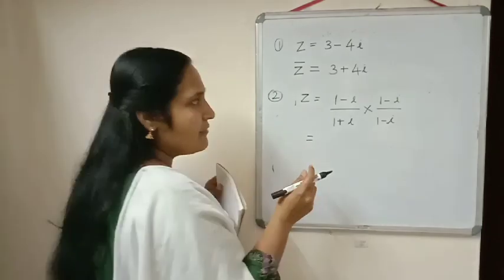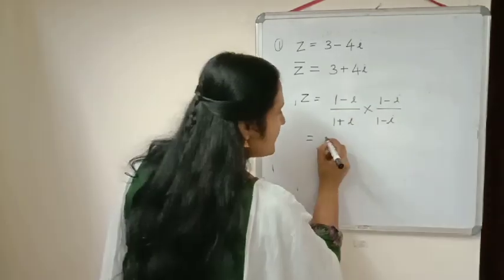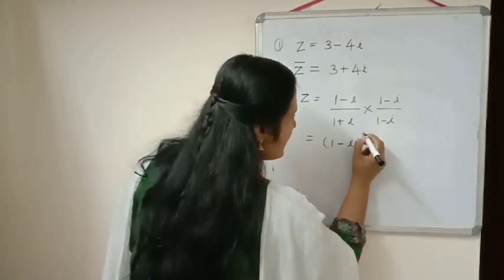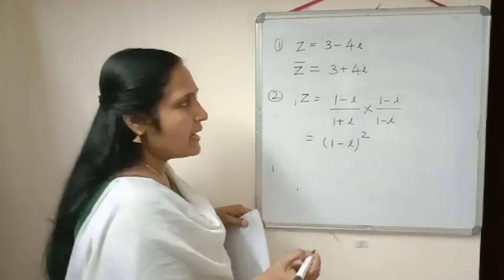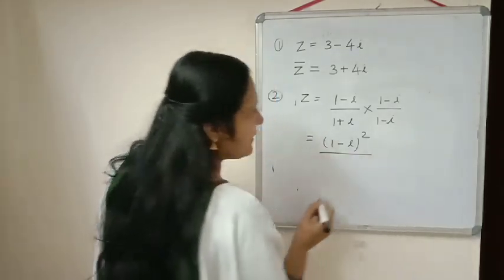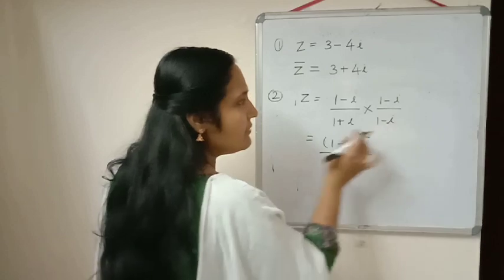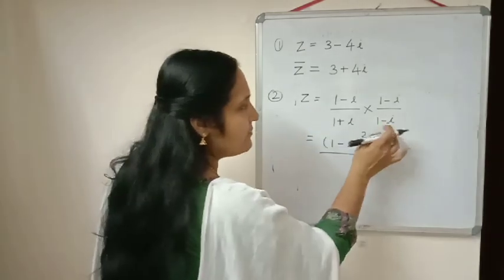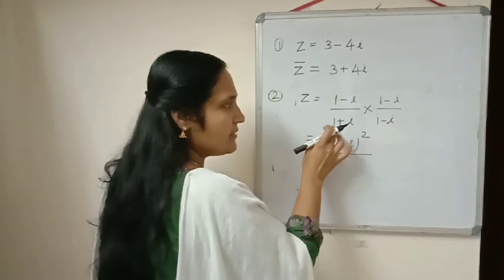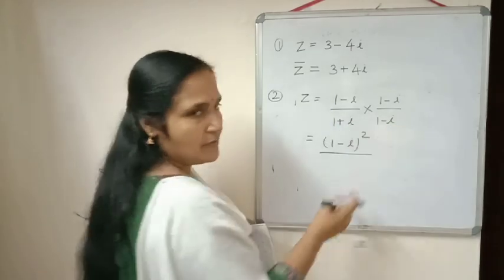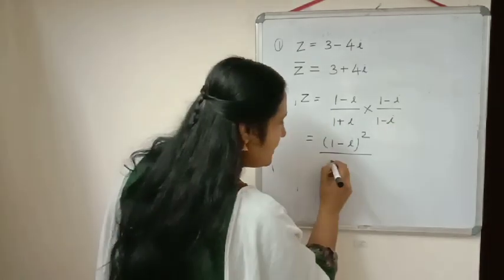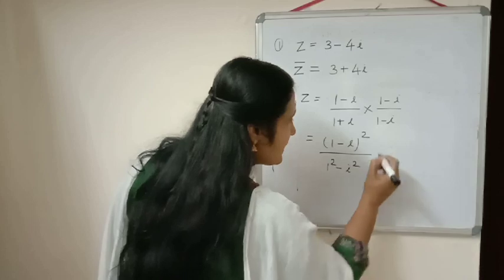So you can check, our numerator becomes (1 minus i) into (1 minus i). So that will be equal to (1 minus i) the whole square by, in the denominator we can use the identity a square minus b square, because it is in the form (a plus b) into (a minus b). Then it will be equal to 1 square minus i square.